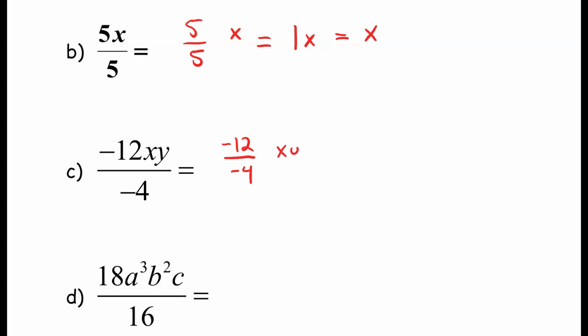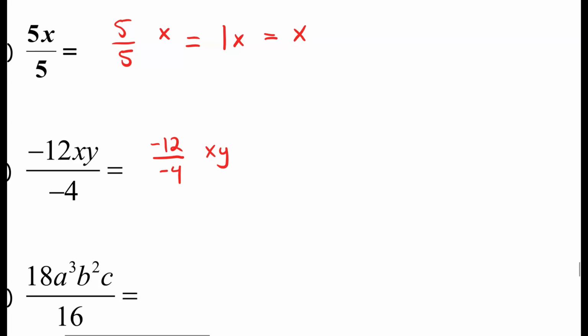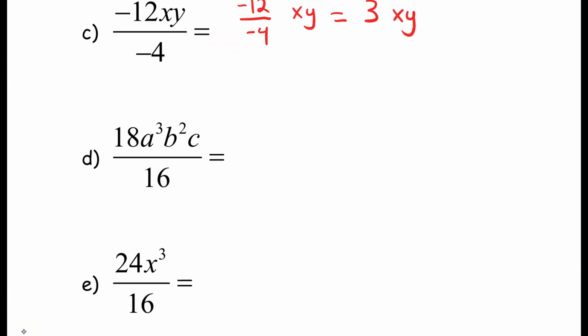We also have our variables of x and y. So we have negative 12 divided by negative 4, which gets us positive 3. And there's no variables on the bottom, so this xy goes unaffected, and we would just write it down with our answer.